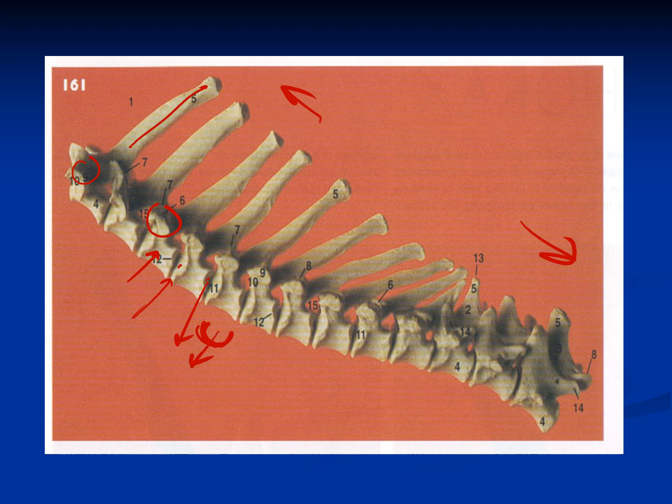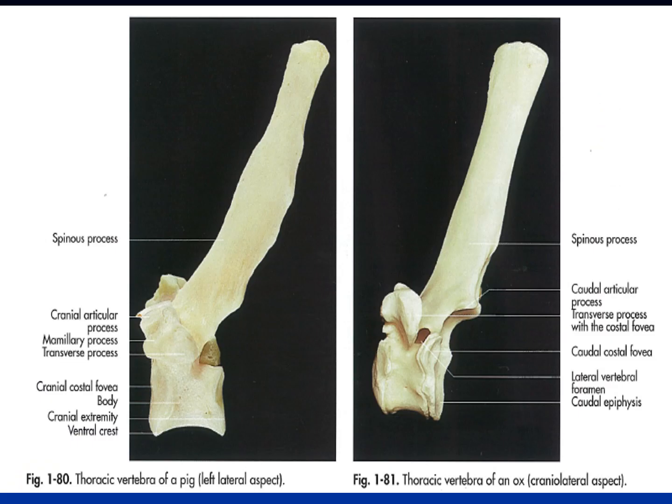We call it the demifacet. This is the caudal and this one the cranial costal fovea. Together they form the demifacet, and this is very important because it's the site for the articulation of the head of the ribs with the bodies of the thoracic vertebrae.